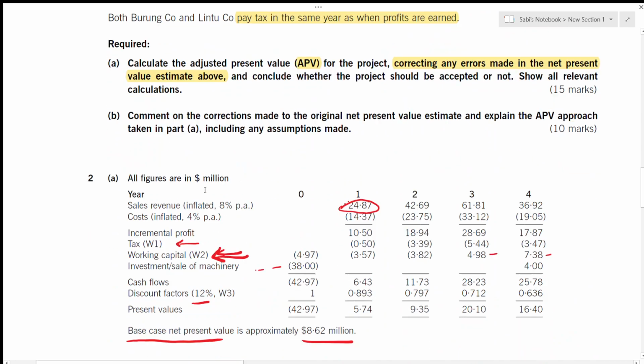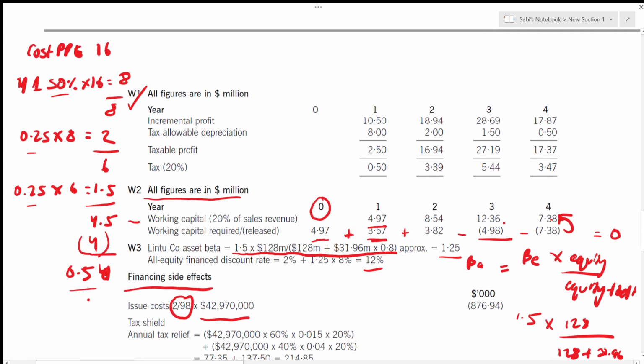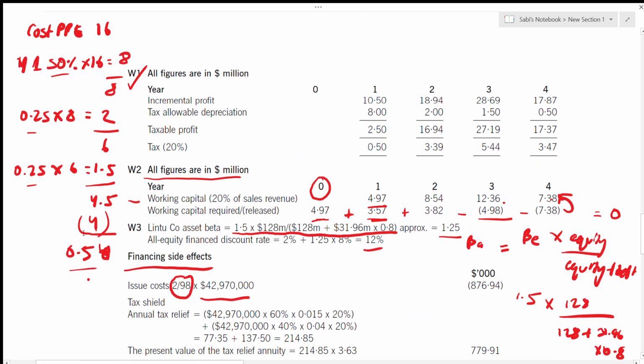So that's why let's go here and check, right? So this much amount they require, this much debt they have to take, right? The initial investment amount 42,970 million into 60%, because 60% is subsidized. 0.015, this is your 1.5%, and then 20%. Why is this 20%?